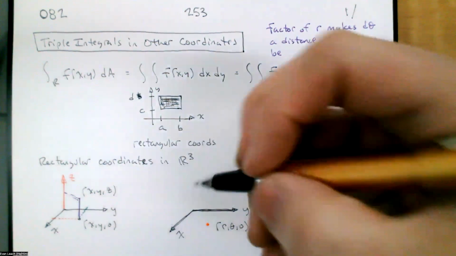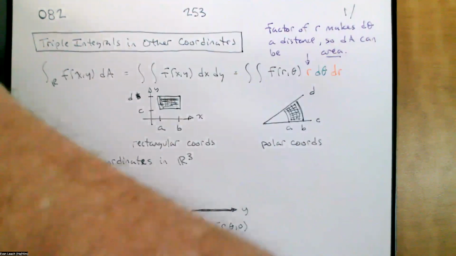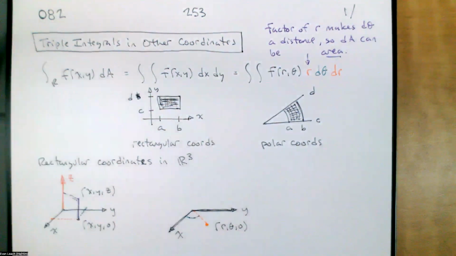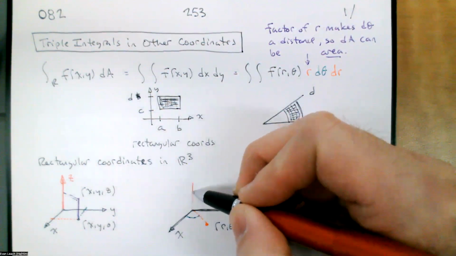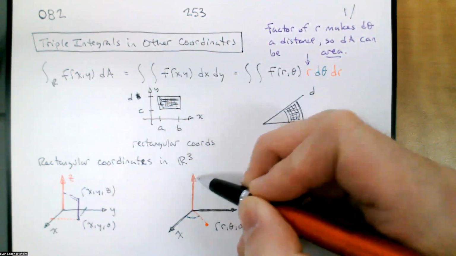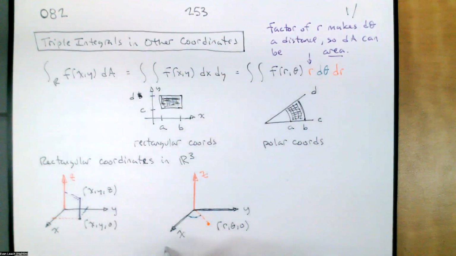Which one's which? I use orange for r first, then theta, rotating from the positive x-axis. If we take polar coordinates and stick a vertical axis on it, a z-axis, these are called cylindrical coordinates.